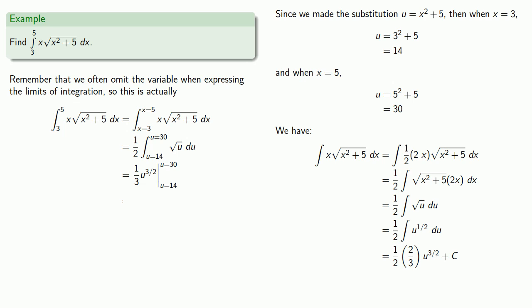I can either substitute u equals x squared plus 5 back in and use the original limits of integration, which are in terms of x, or I can use the fact that I know that u goes from 14 to 30. And so I don't need to do that substitution back. I can use my new limits of integration and evaluate without having to substitute back.